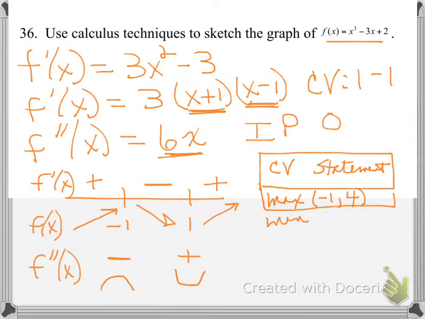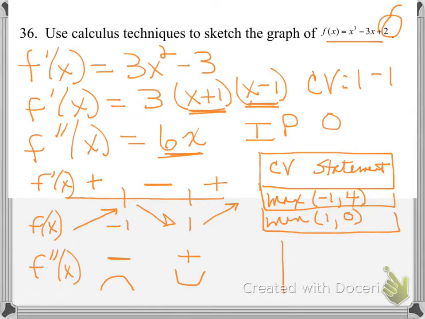Then take your other critical value of +1 and plug that in, and you should get 1 minus 3 plus 2, which should be 0. So that's where your minimum is. Okay, I know that this function has a y-intercept of +2.